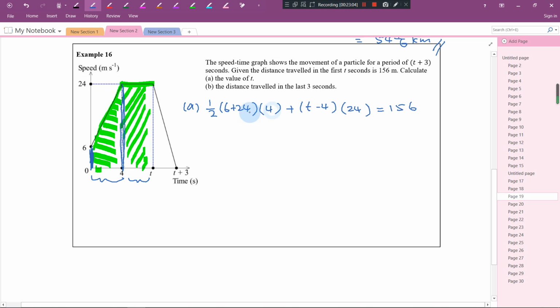From here, what we need to do is to find the t. This is 30. And this is 4 plus, I don't know the t, I just write the t first. t minus 4 over 24, times 24, which is 156. Do some simplifications, or you can just press the calculator. So this is 60.